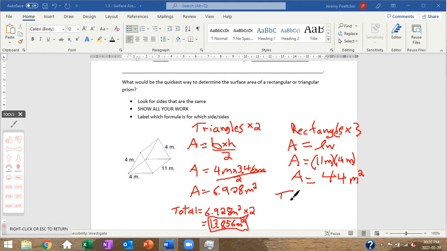And then I have up here this times 3, so my total is 44 meters squared times 3. And 44 times 3 in my calculator gives me 132.